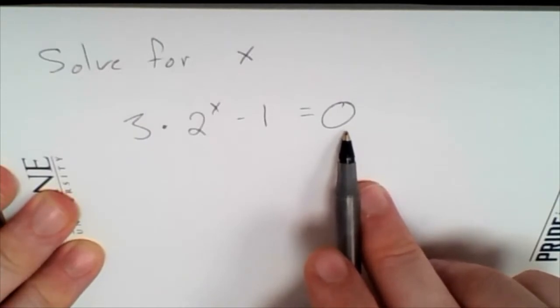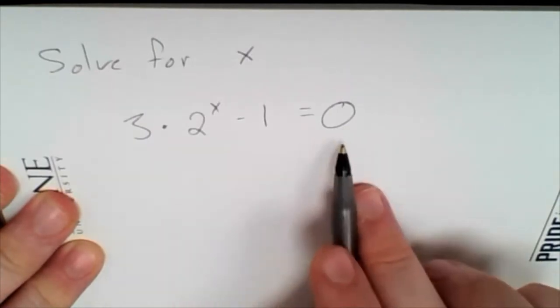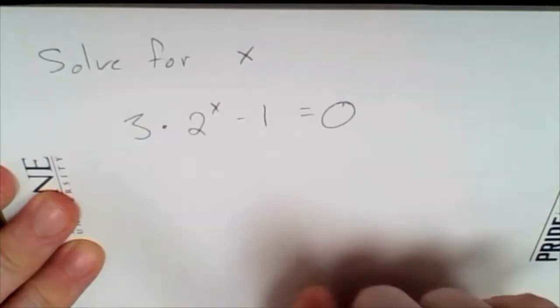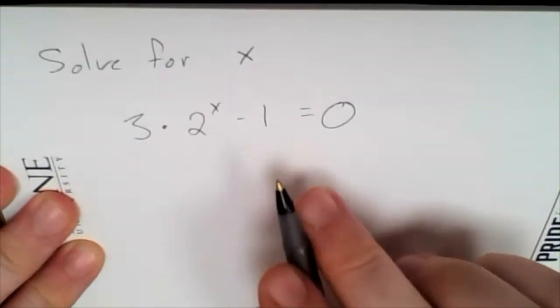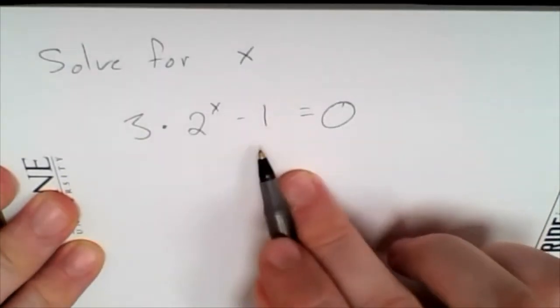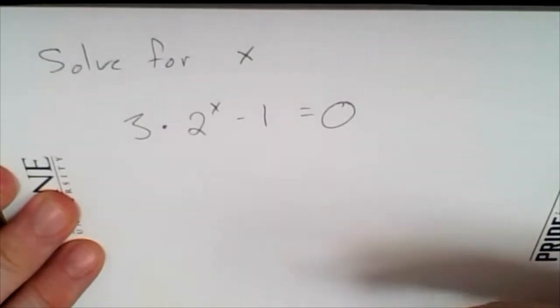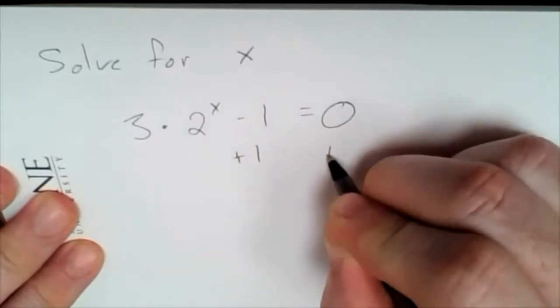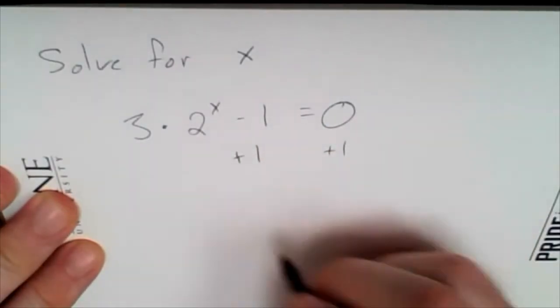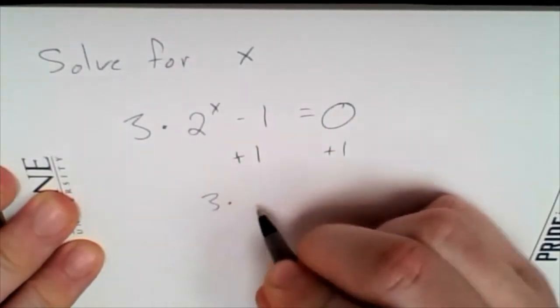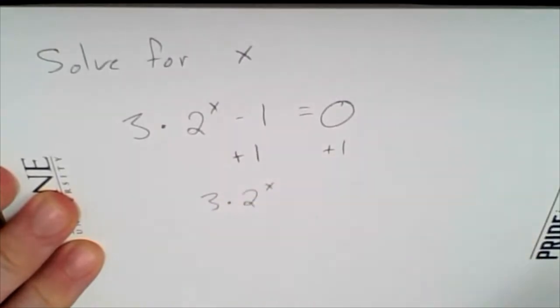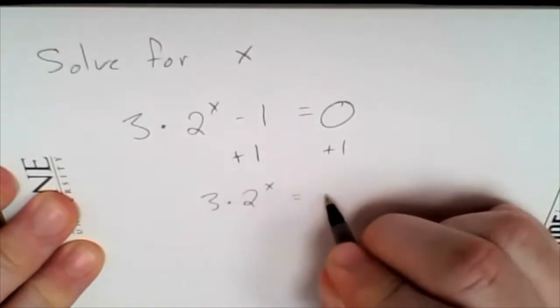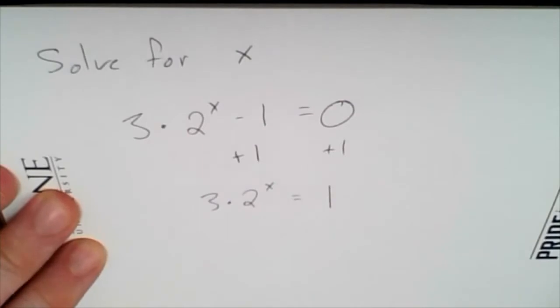But I can actually make it so that each of these sides of the equation only has one thing in it if I get rid of this minus 1 first. So as I unwrap my present, I'm going to add 1 to both sides. On the left, now I have 3 times 2 to the x. On the right, I have positive 1.